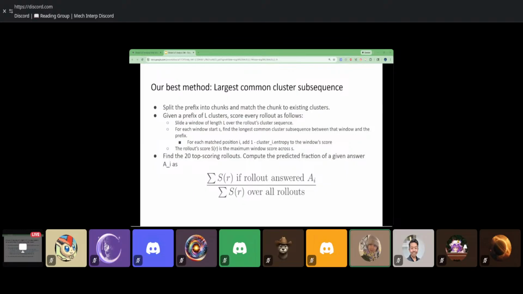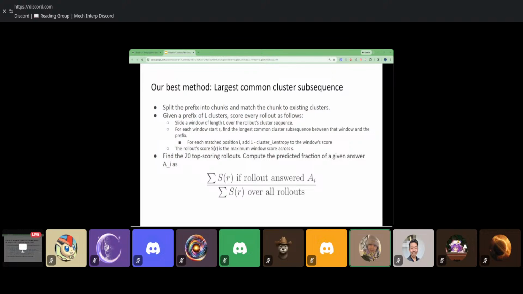An important detail is how you score a window. You don't add the same amount for every matching cluster. You account for how deterministic the cluster is, and add more for clusters that are more deterministic. So clusters that lie only on incorrect rollouts are weighted more than clusters that lie on a mix of rollouts.